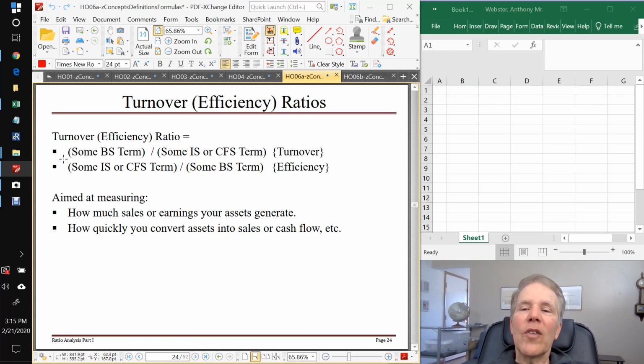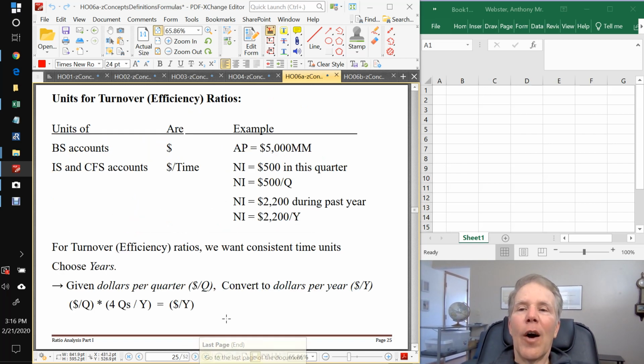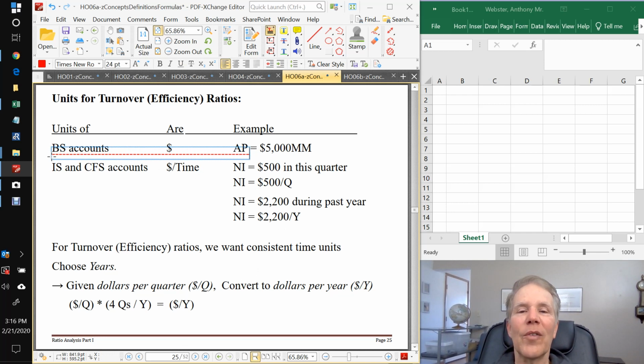But turnover ratios are ones that mix a balance sheet term with an income statement or a cash flow statement term, okay? And that's why we're going to have to annualize when we have a quarterly number. So we have chosen, see, here's the problem. And for my one engineer across two sections, you know what I'm talking about here. The units of all the numbers on balance sheets are dollars or millions of dollars or something like that.